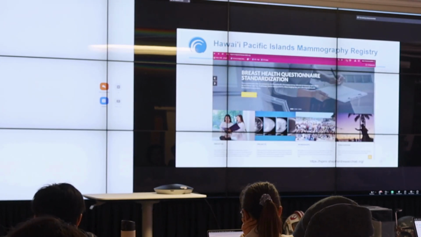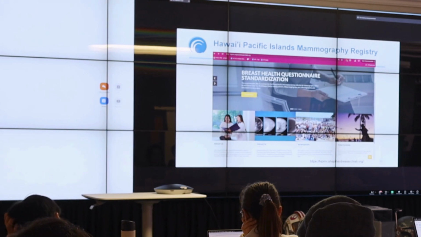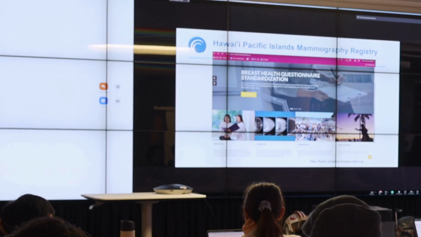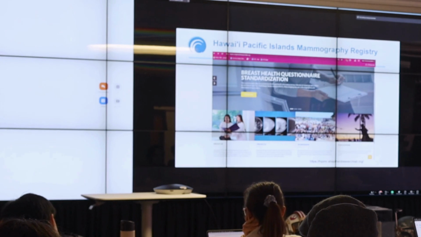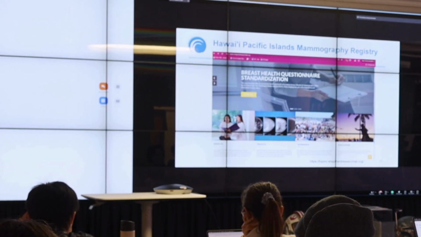Lastly, part of the resources we use for our machine learning projects is something I began when I came to Hawaii called the Hawaii Pacific Island Mammography Registry. And this is a collection or curation of all the breast imaging, including MRI, mammography, and breast ultrasound from about 4 clinical centers.